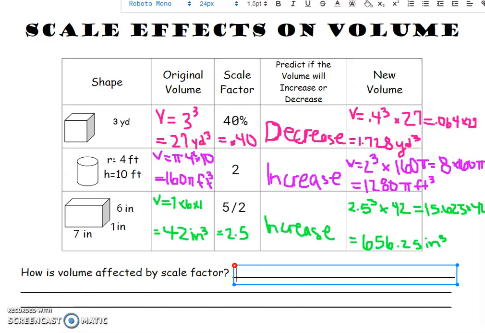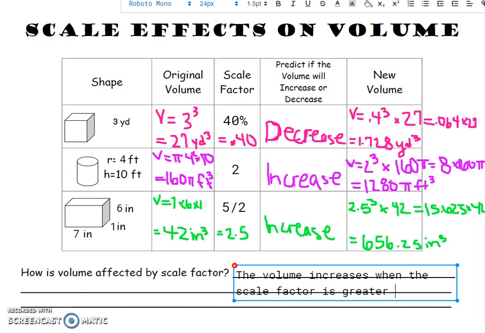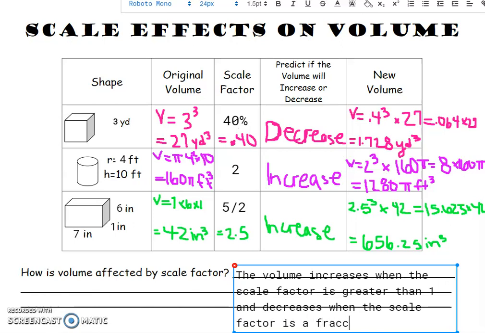The volume increases when the scale factor is greater than 1, and decreases when the scale factor is, I don't want to say less than 1 because we're not going to have a negative, but if it's a fraction, we'll say fraction.